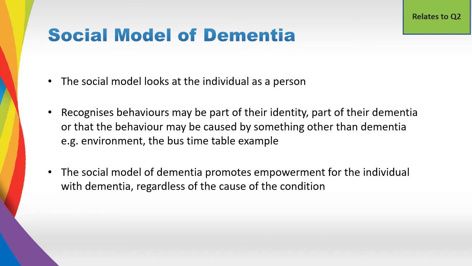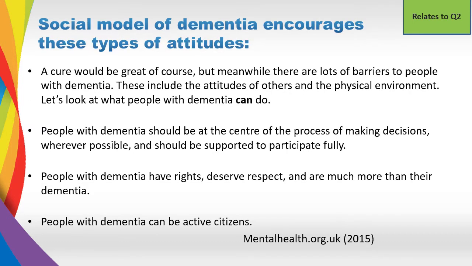The social model of dementia promotes empowerment for the individual, so it gives them a voice, regardless of the cause of the condition. So we're not going to blame here. Of course, a cure for dementia would be great. So the social model tries to look at positive attitudes here. So a cure would be great, but in the meantime, there are lots of barriers to people with dementia.